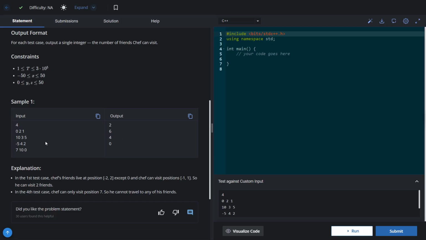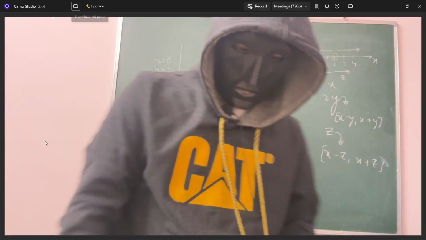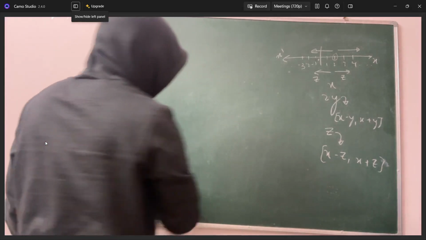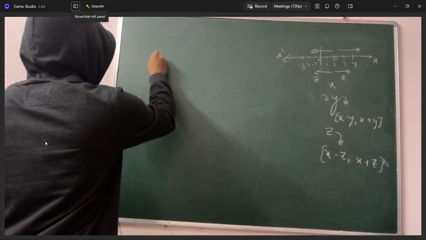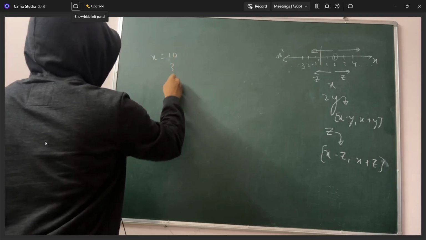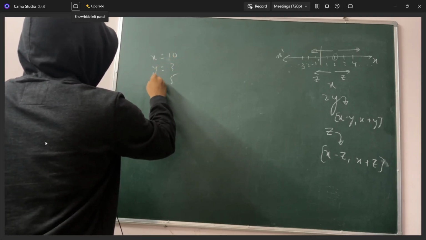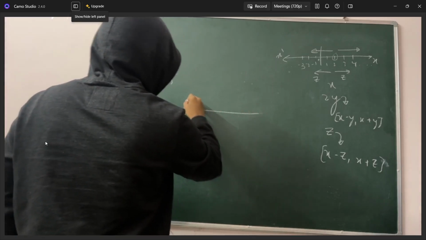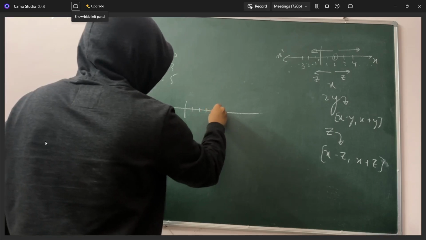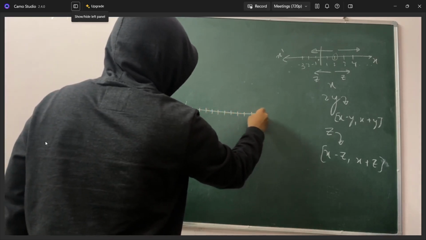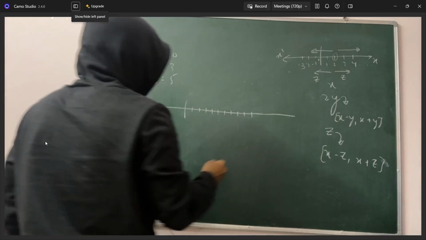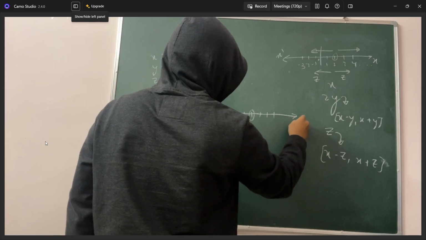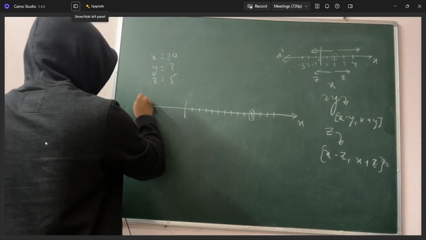Let's consider 10, 3 and 5. So we have X is 10, Y is 3, and Z is 5, which means we have the X-axis.